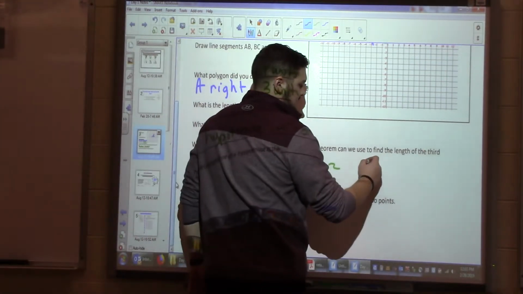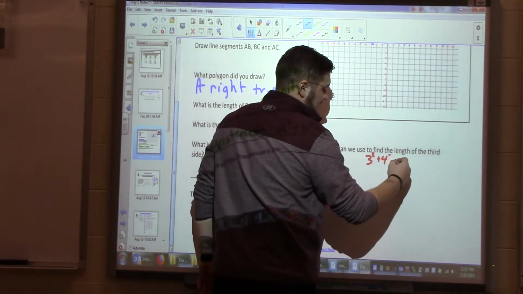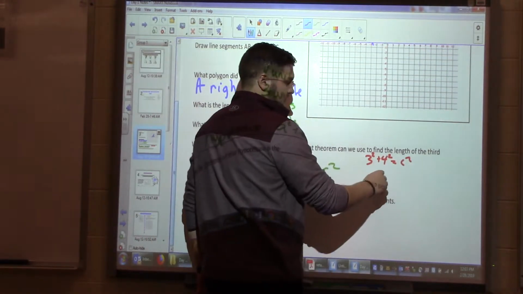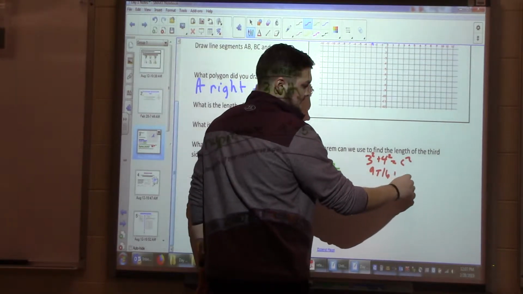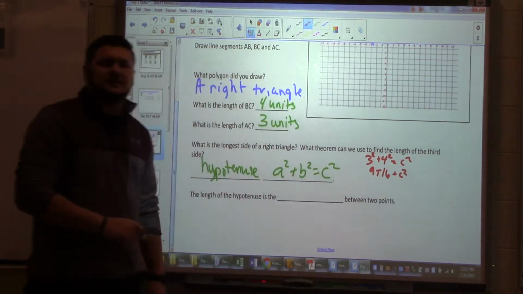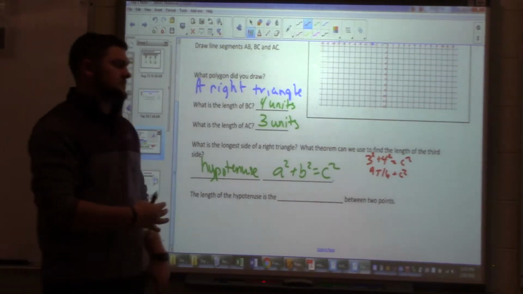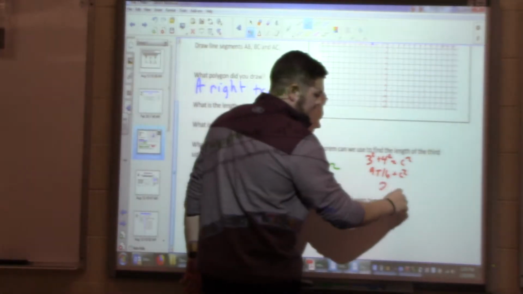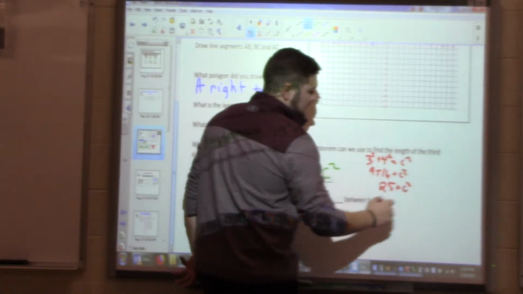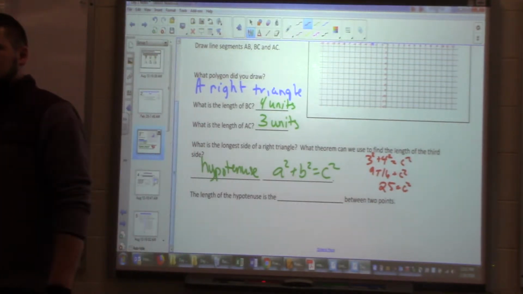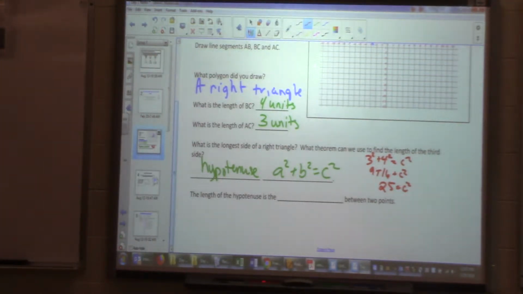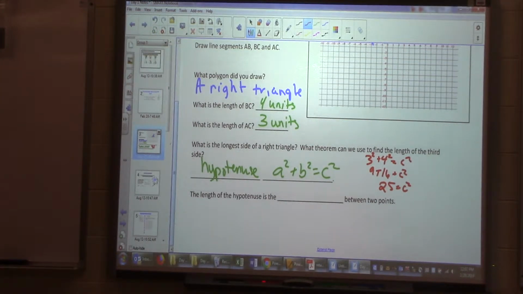3 squared plus 4 squared equals C squared. So 9 plus 16 equals C squared, right? 3 squared is 9, 4 squared is 16. 25 equals C squared. Well, how do I solve for C? Square root it.